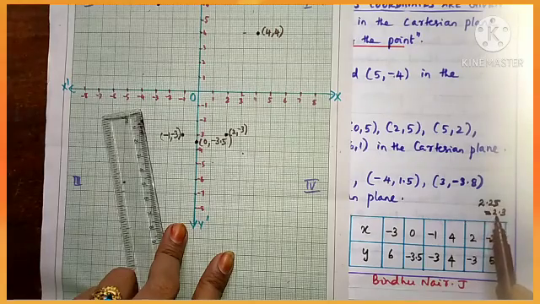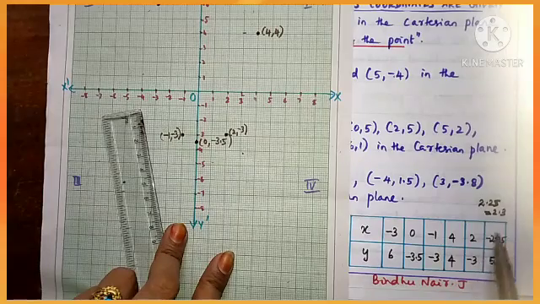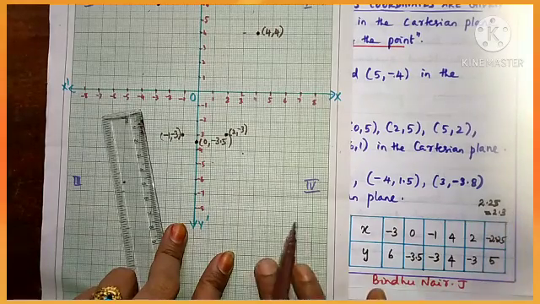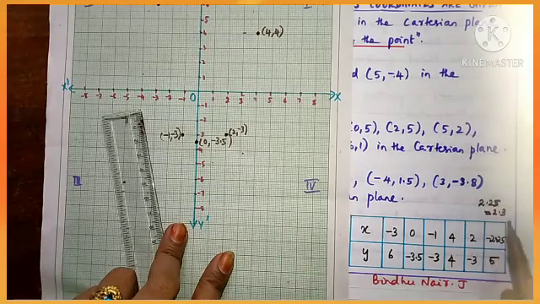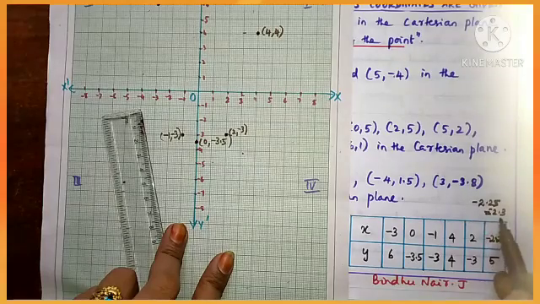So it becomes 2.3. Understand? So whenever this type of two places of decimals comes, you round the number and then plot it in the graph paper. Yes? So minus 2.25 is minus 2.3.